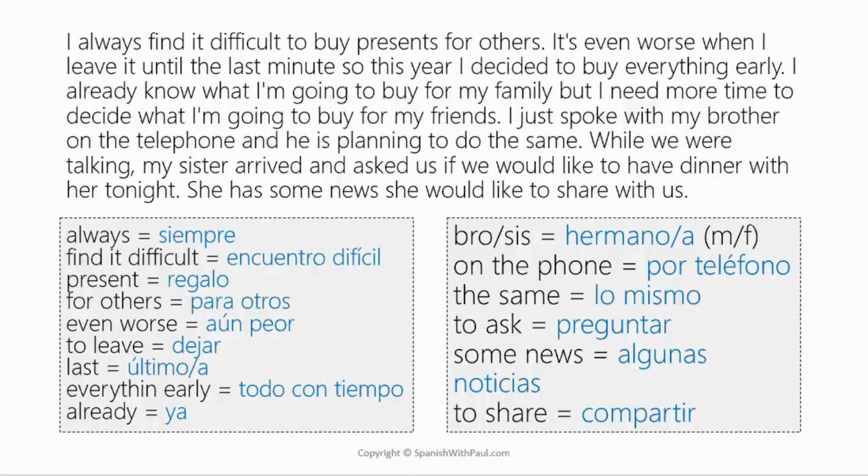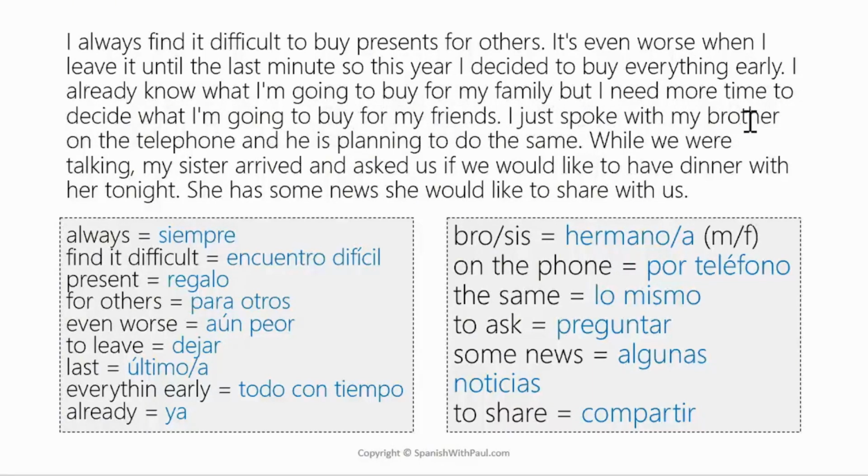So let's go through it from start to finish. So, siempre encuentro difícil comprar regalos para otros. Es aún peor cuando lo dejo hasta el último minuto. Entonces, así que este año decidí comprar todo con tiempo. Ya sé lo que voy a comprar para mi familia, pero necesito más tiempo para decidir lo que voy a comprar para mis amigos.